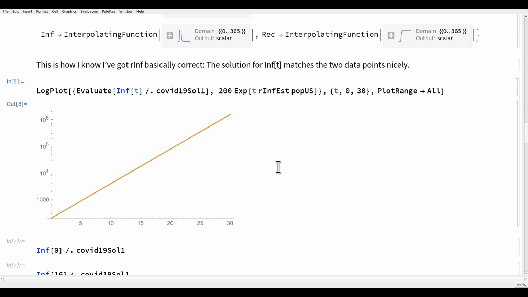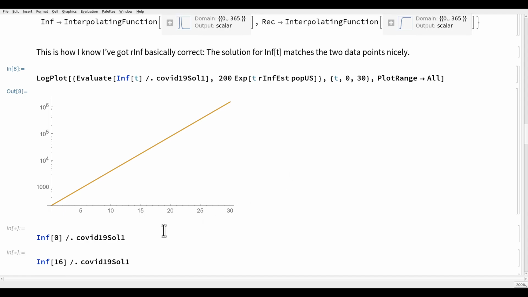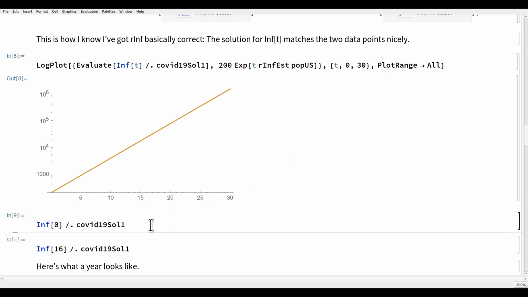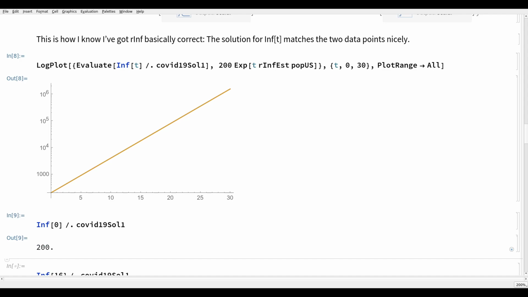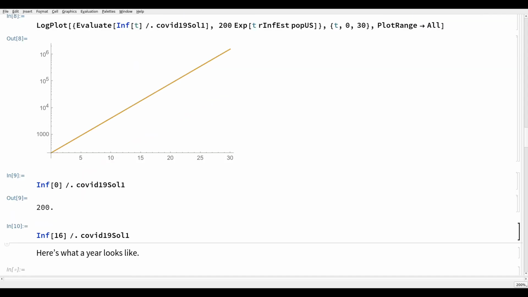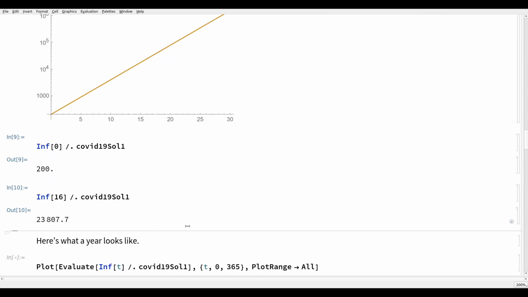And again, one thing that is scary about this is that after 30 days, we're seeing an infected population around 1 million, which will be around April 5th, according to the calendar that I've used in this model. And just as a couple of checks, there's the initial condition, 200 infected individuals at time 0, around 23,000 infected individuals on day 16, which was March 21st.